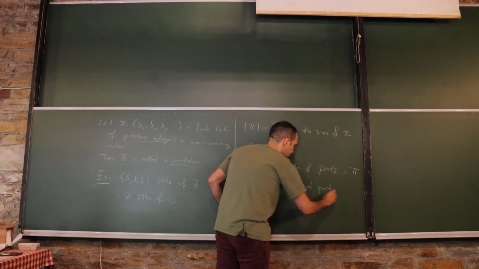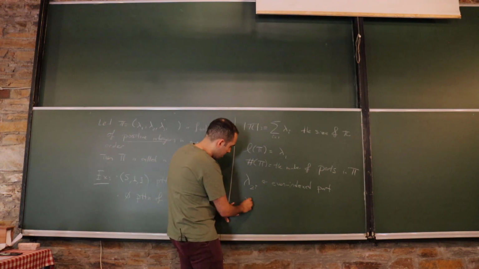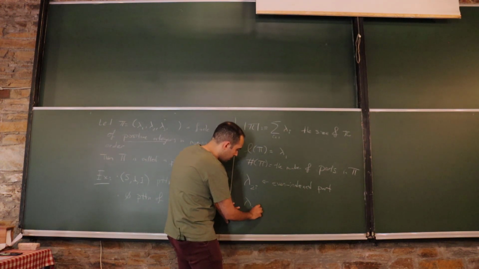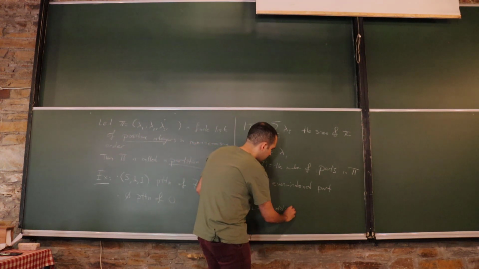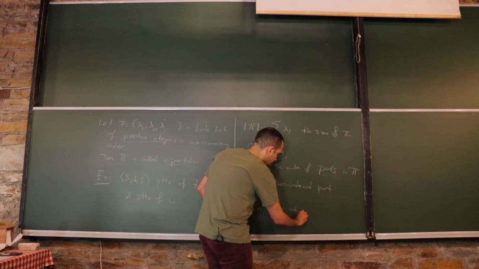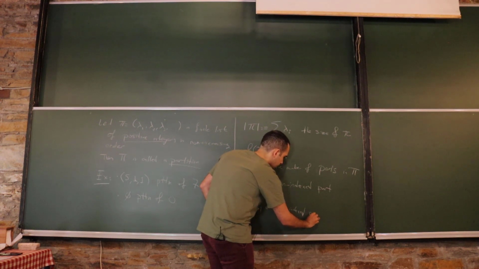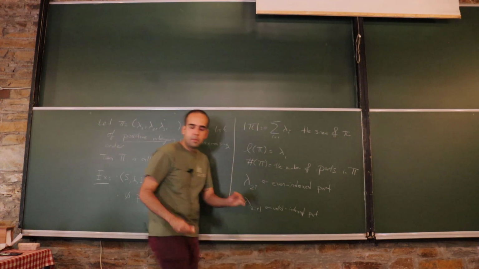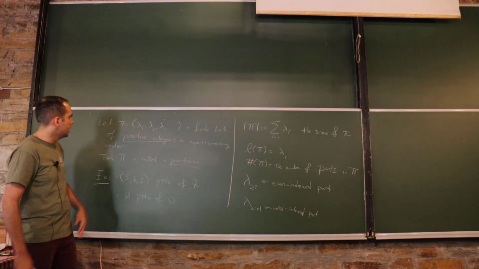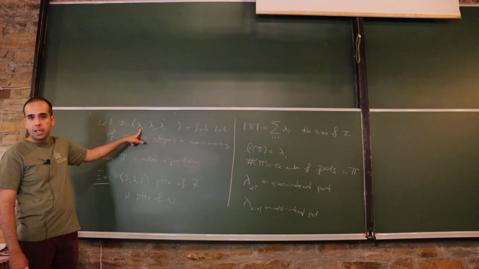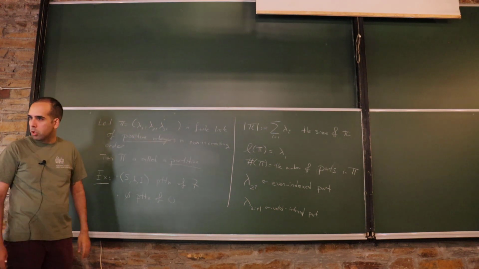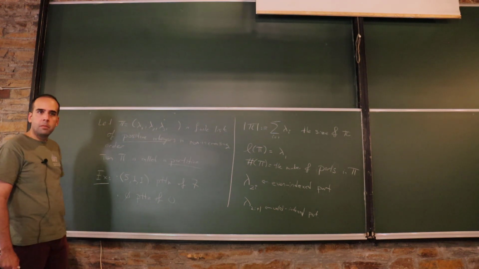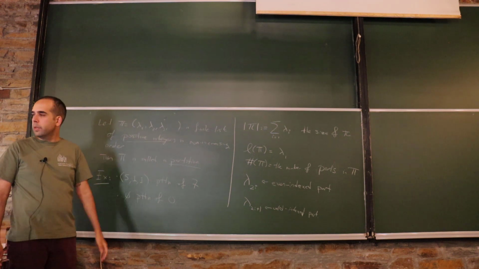Or if it's an odd number, whatever the i might be, that's an odd indexed part. That is for the future. So lambda 1 is an odd indexed part, lambda 3 is an odd indexed part, lambda 2 is an even indexed part, and so on. Any questions about that? Just definitions so far?